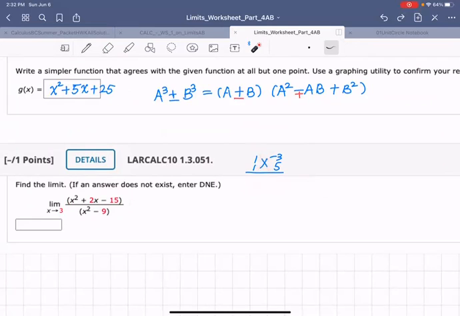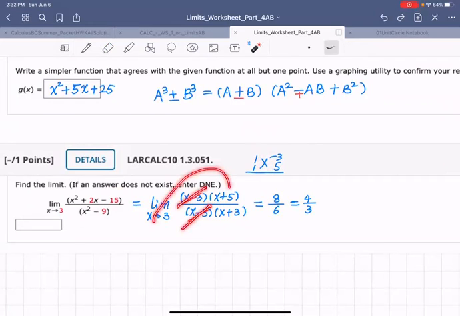So this is x minus 3 times x plus 5, divided by x minus 3 times x plus 3. So the same trick comes back. Cancel, plug in, answer. Okay.